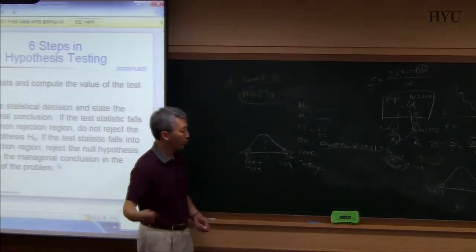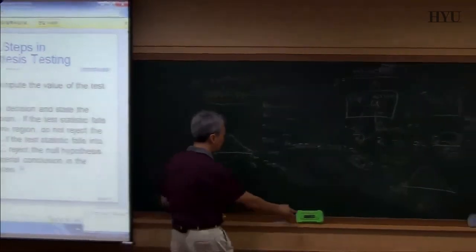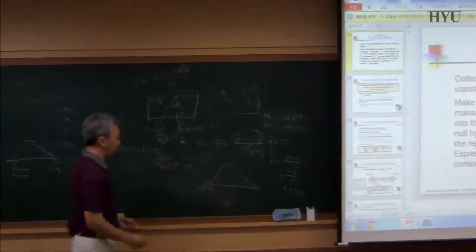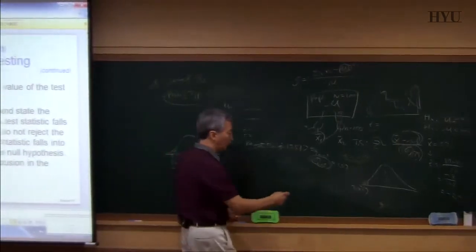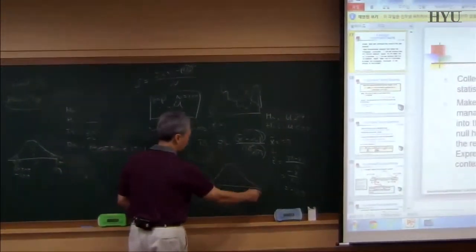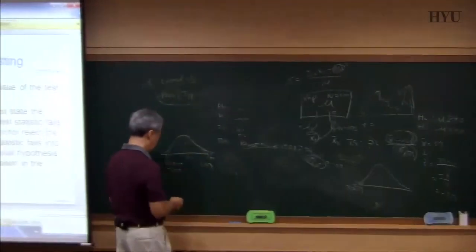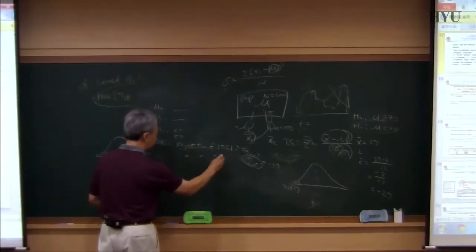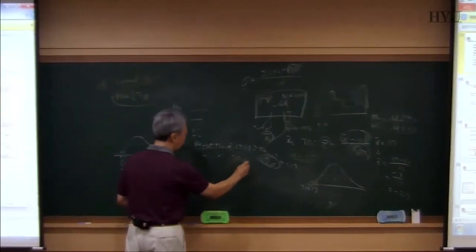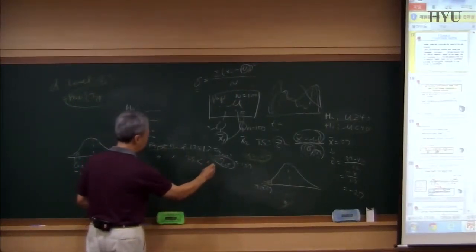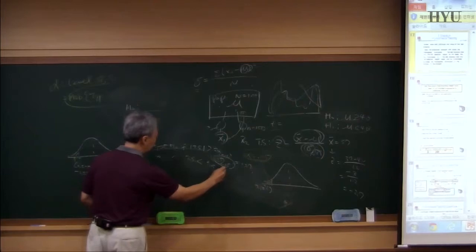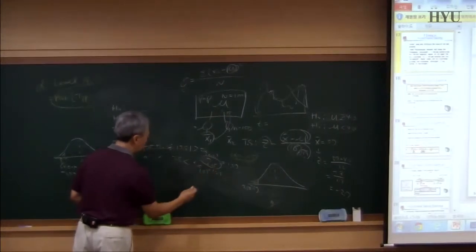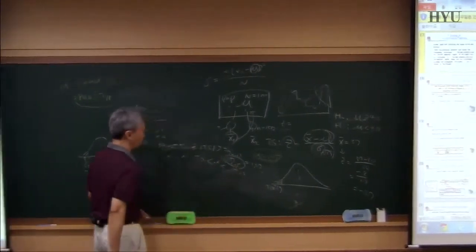If you're running a one-tailed test, you can be more specific. If you're running a one-tailed test like this, then obviously you're running a lower tail test. This is called the lower tail, and this is called the upper tail. So you can say reject the null hypothesis if the test statistic is less than negative t of 0.05 with 15 degrees of freedom, which is negative 1.27.